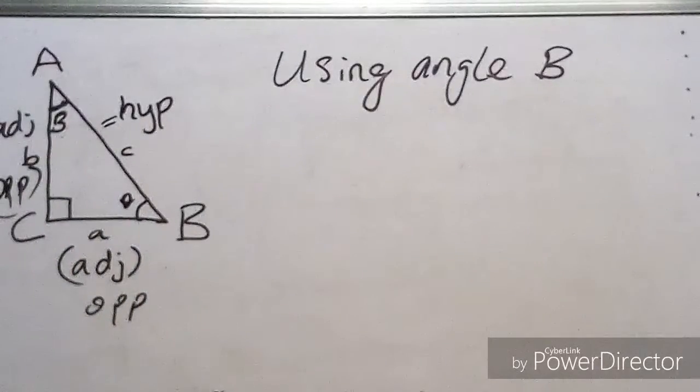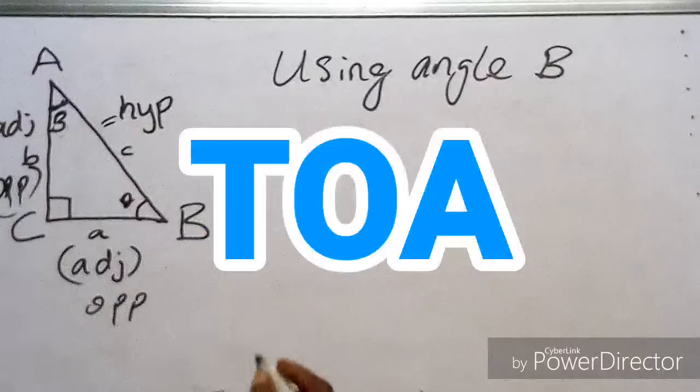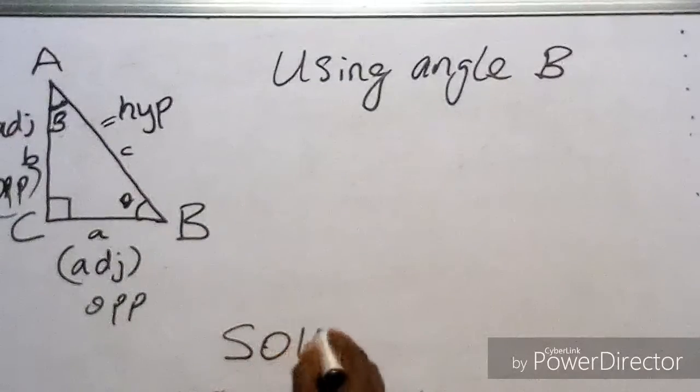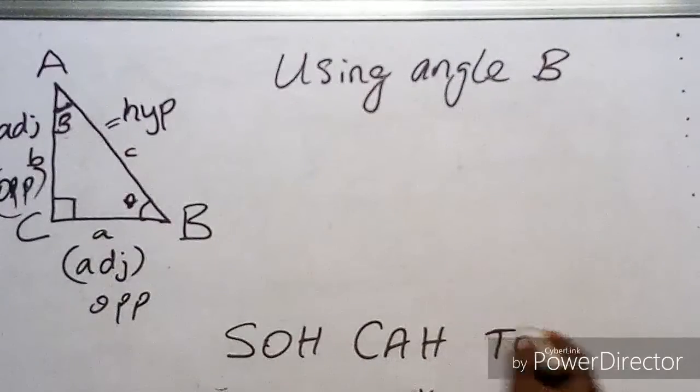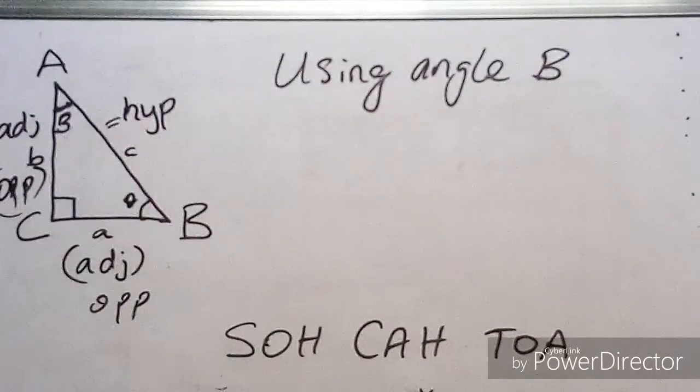And which of the three ratios has the opposite over adjacent? Something you must remember is SOHCAHTOA. The S in the SOH is for sine, the C in the CAH is for cosine, and the T in the TOA is for tangent.